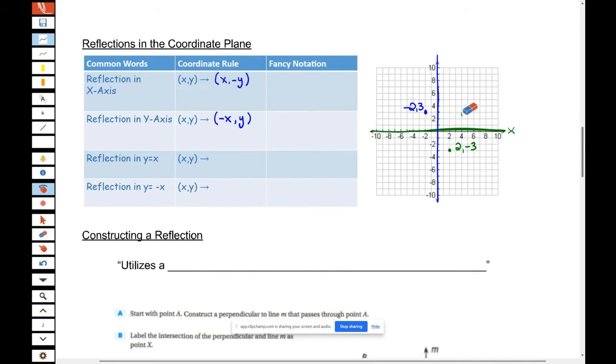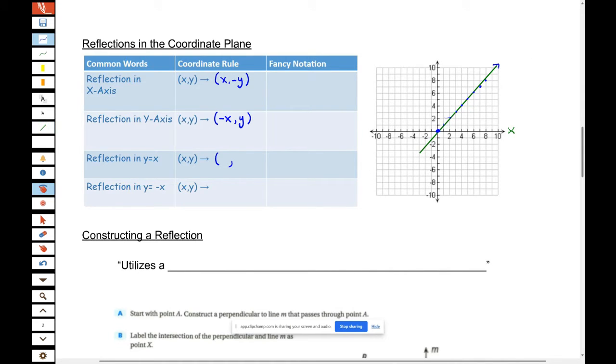All right, now let's talk about flipping the point 2, 3 over the line y equals x. The line y equals x is a line that goes y equals 1x plus 0. So it has a y-intercept of 0 and then up 1 over 1, up 1 over 1 to get that line graphed. So it would look like this.